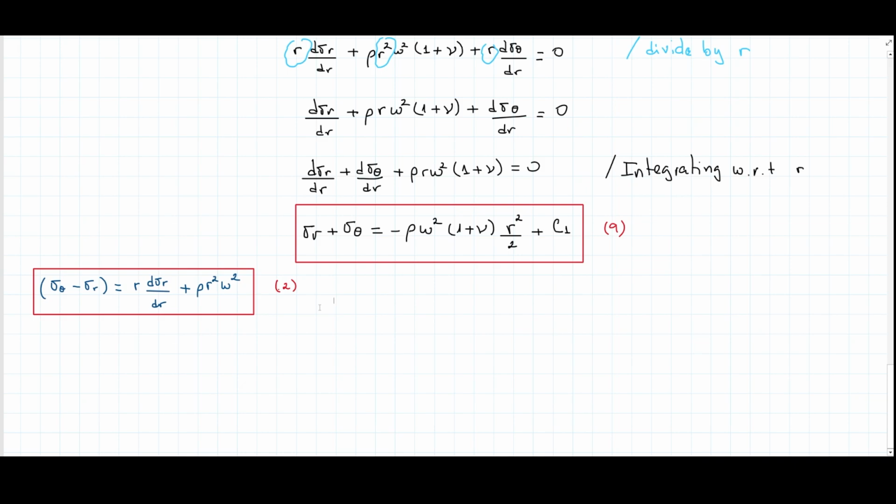If I subtract equation 9 from equation 2, what is going to happen? So let's do it. Subtracting equation 9 from equation 2.